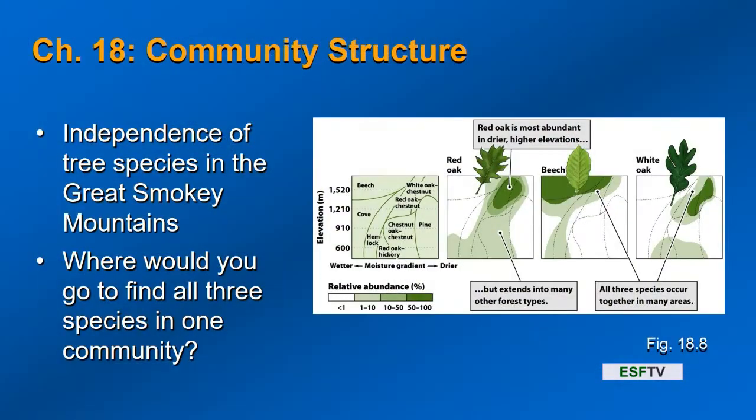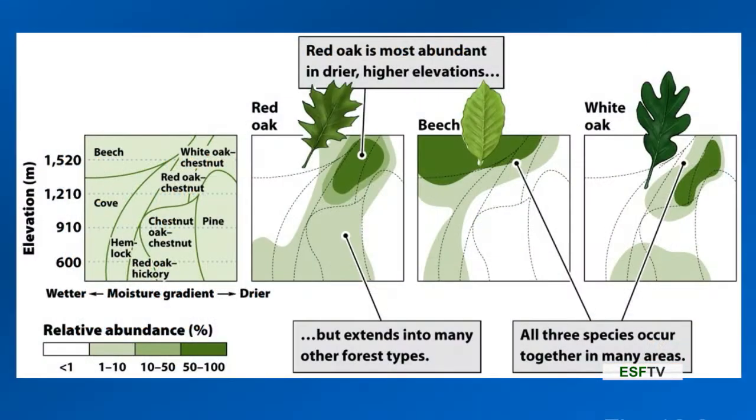Let's look at some species in the eastern forests and how they seem to be demonstrating independence. So this is a figure out of your textbook, figure 18.8, from the Great Smoky Mountains. On the left is elevation on the y-axis and moisture on the x.